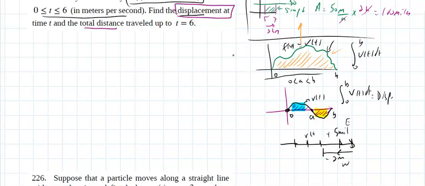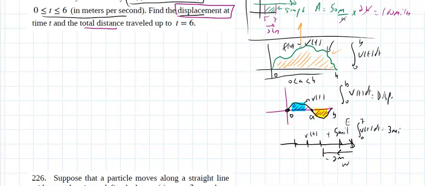If this is the velocity function and I integrate it, and let's say the time frame was 0 to 7 minutes, traveling 1 mile per minute, or walking 1 mile per minute, whatever it is, that's going to say 3 miles.